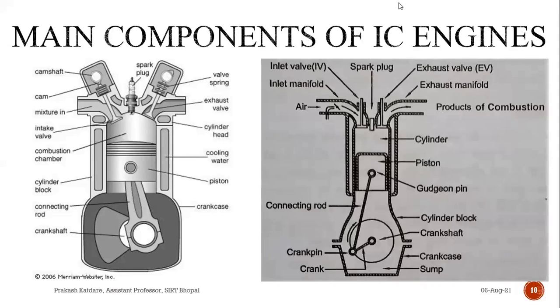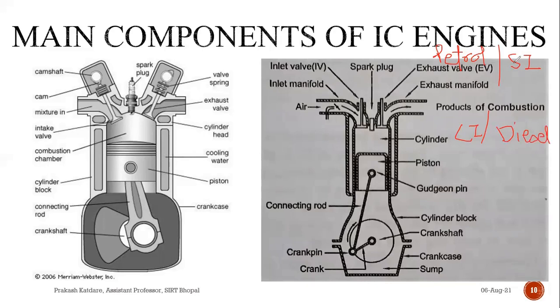There are basically two types of IC engine which we know. One is SI engine, or you can say petrol engine, and another one is CI engine, or for non-technical people, we can say it as diesel engine.